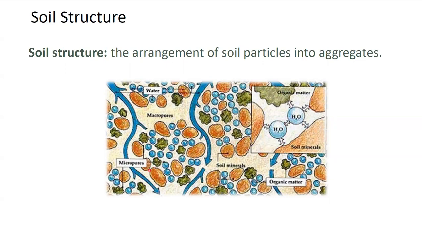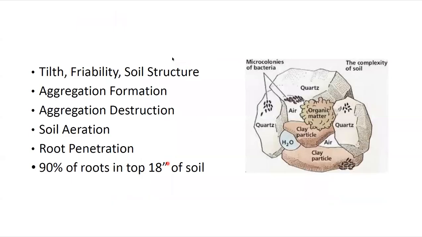Now, if we dive into one of these, what we're going to see is a soil aggregate that has a couple different sizes of mineral particles that are bound together by organic matter and water, and there's some airspace in there. What this does is it provides a perfect habitat for microcolonies of bacteria.